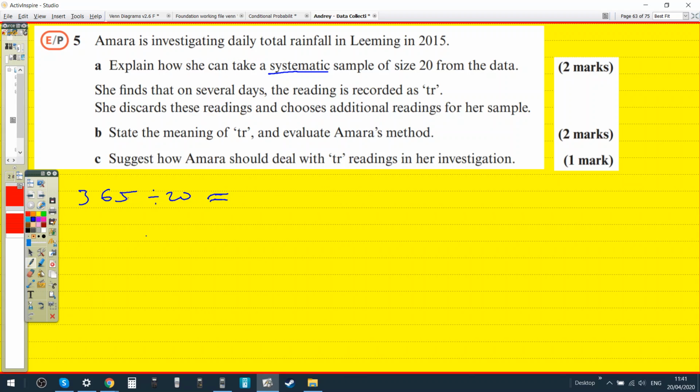It's 18.25. Okay, so let's say that's roughly every 18. And the trick for this one is you have to start at a random point. Right. And then you do that one and every 18th afterwards, and you loop back around. Okay, part B.